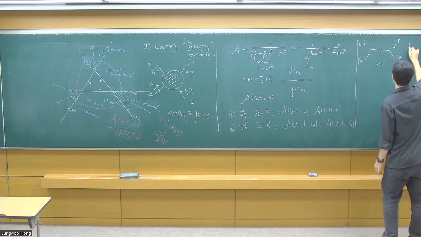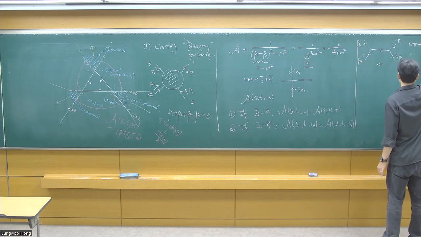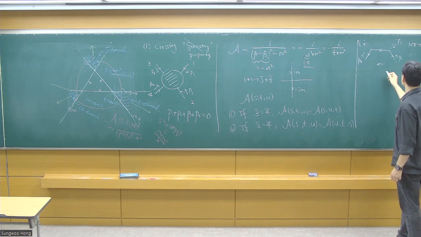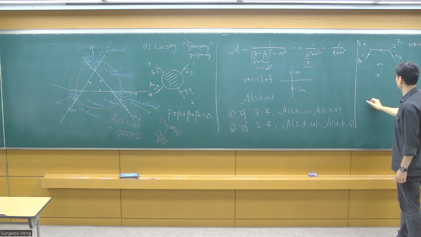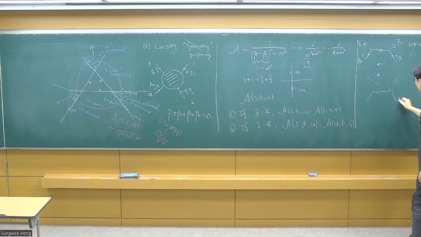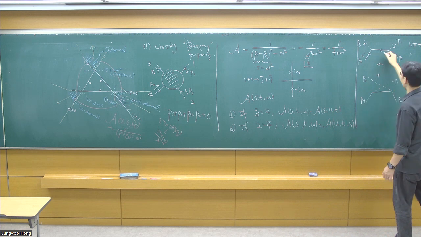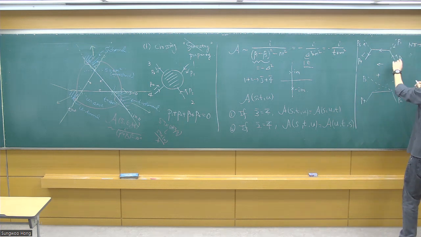So this corresponds to N pi and pi. And then there was another diagram that we had to take into account. So if you remember, that was P1, P2, P3, P4. So here, the intermediate line has P1 plus P2.